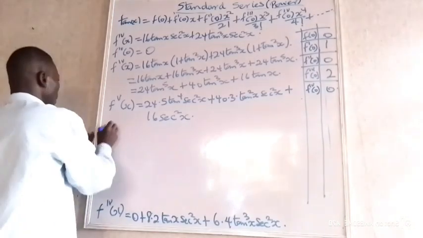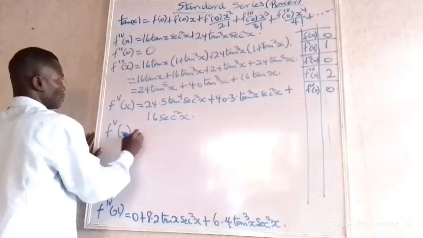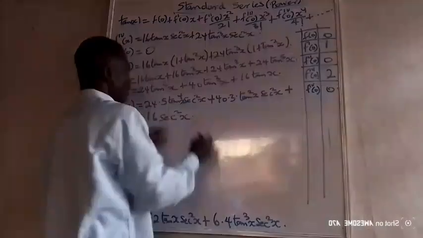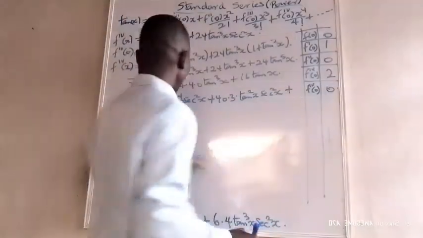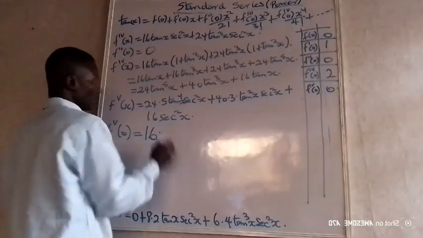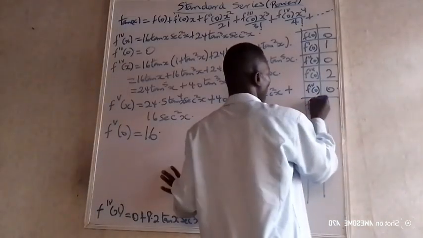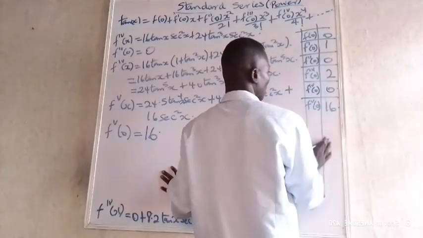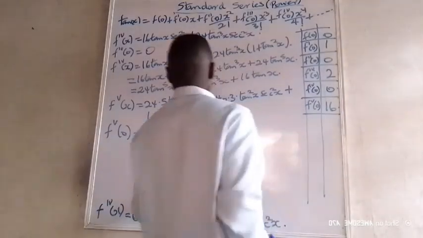So f5(0), putting 0 here makes this one 0, this one 0, and this one 1. So I have this one to be 16. So f5(0) is 16.